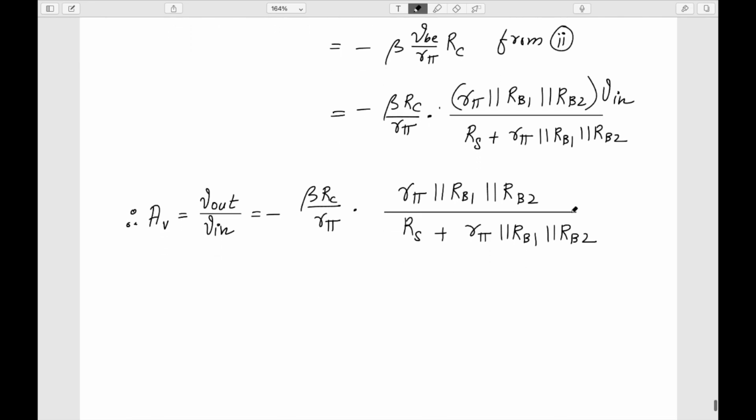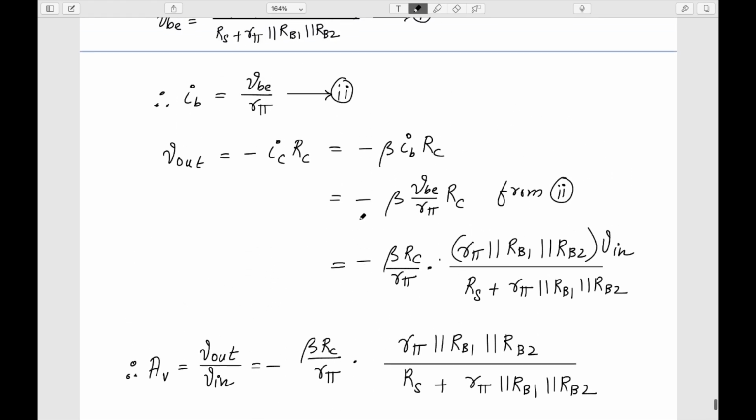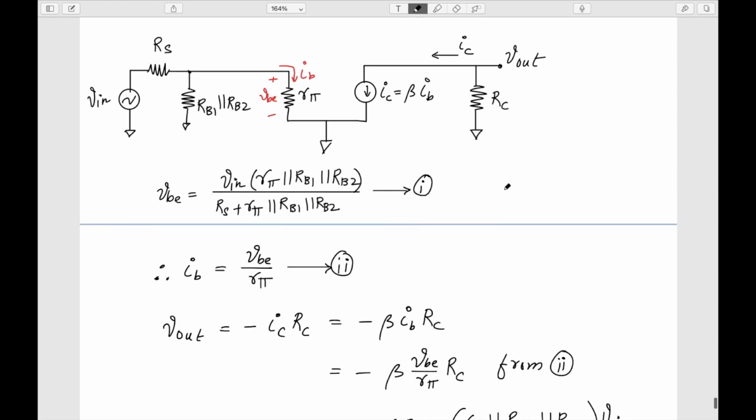So now let's try to estimate all these parameters. In this case, beta was 295, and RC is 3 kilo ohms, and R pi we can find out, so let's calculate here.